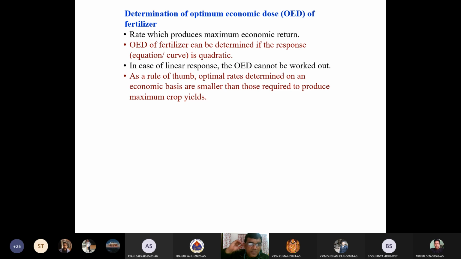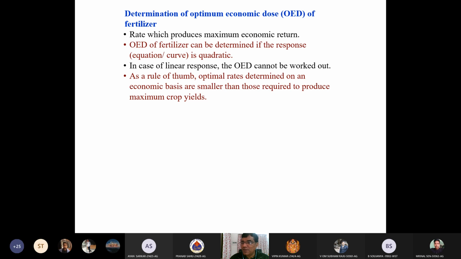What happens many times, I have seen students, their equation is linear. The data is showing a significant linear relationship, but by force, students fit it as a quadratic equation. So their optimum economic dose sometimes goes beyond the doses that were used.